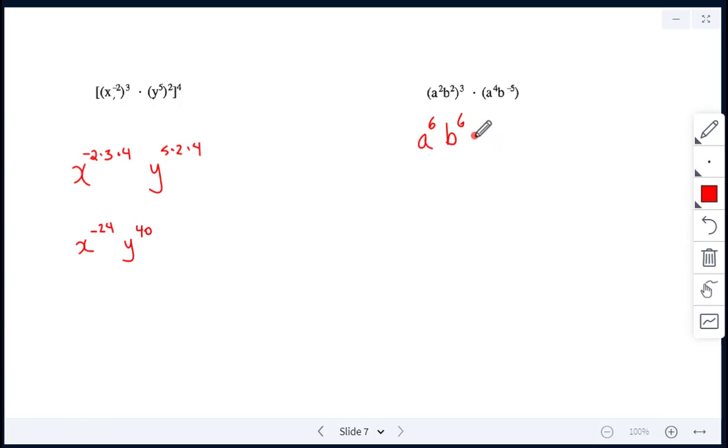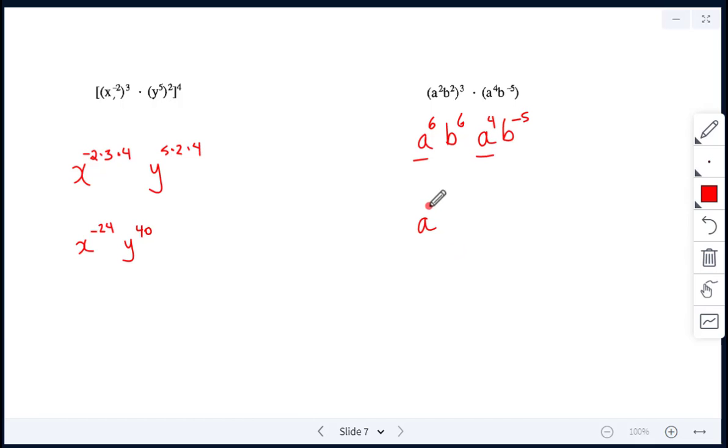Then we have, it's being multiplied, so we have a to the power of 4, b to the power of negative 5. So we can further simplify this now using the product law, because all of these are being multiplied together. So we have a to the power of 6 and a to the power of 4. We're going to use our product law, which states that we would add the exponents.